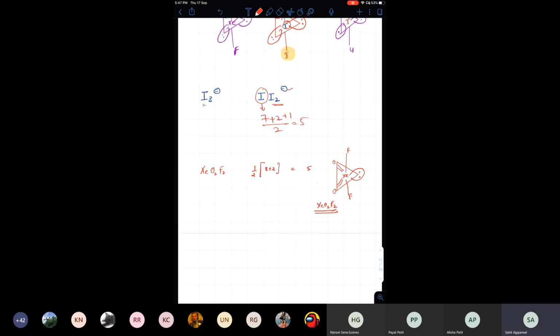So geometry we have talked about. Now we'll talk about the shapes of molecules.